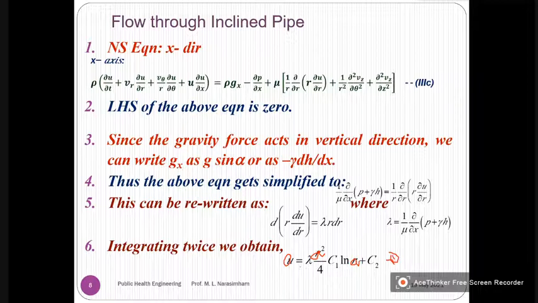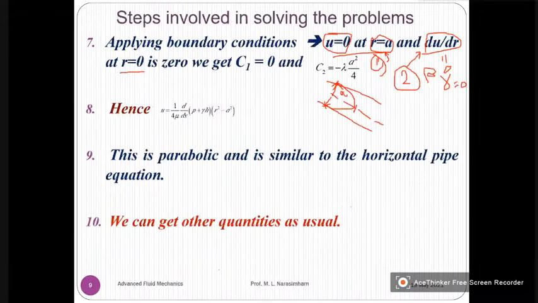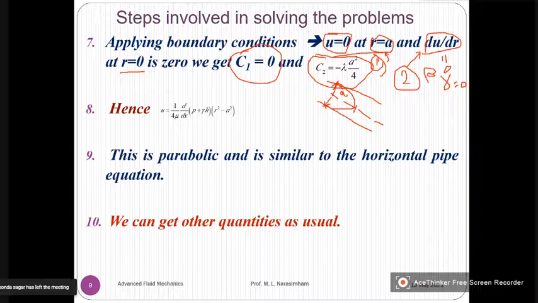Using those two, you will get C1 equal to 0 and C2 equal to minus lambda a square by 4.